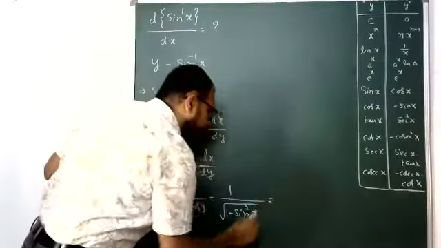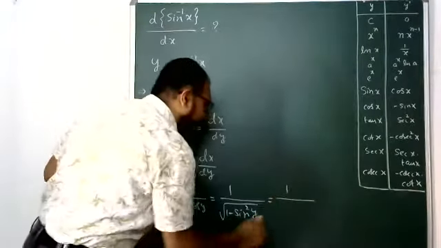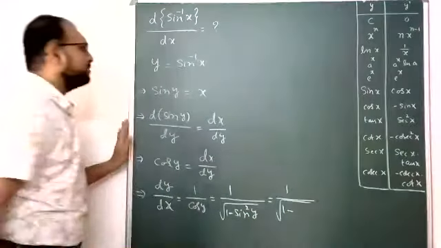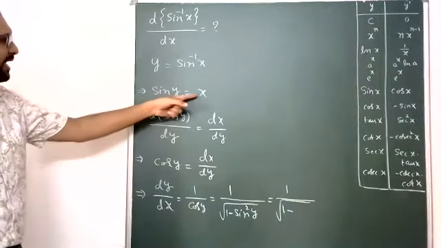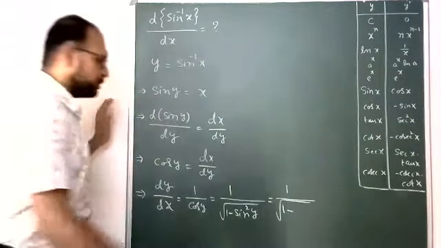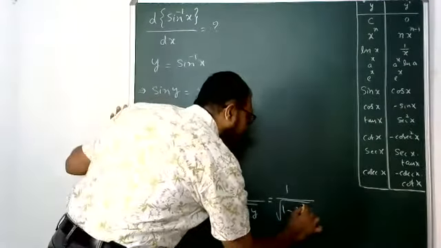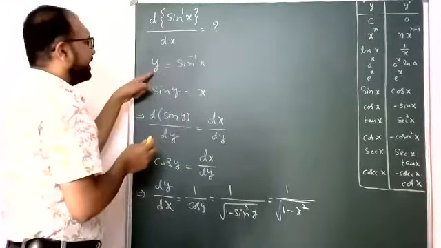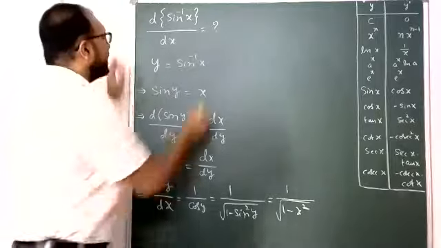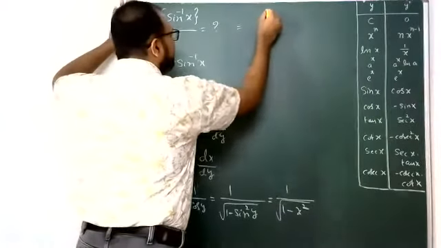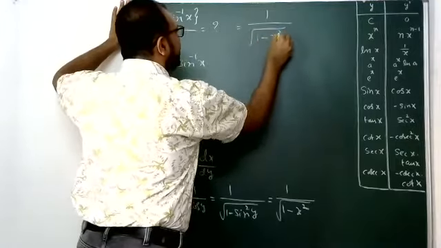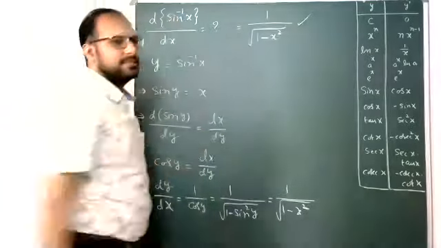Now 1 divided by root over 1 minus sin square y. Students, what is sin y? It is x, so that gives x square. So for the final answer, sin inverse x means y. Therefore, dy by dx is nothing but 1 by root over 1 minus x square, which is the final answer.